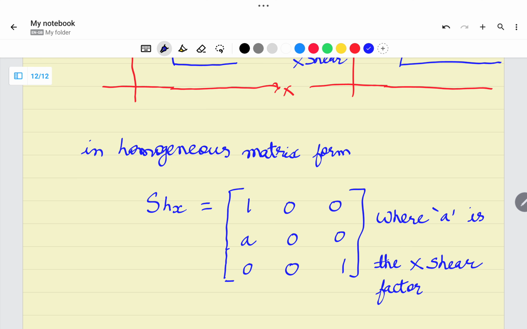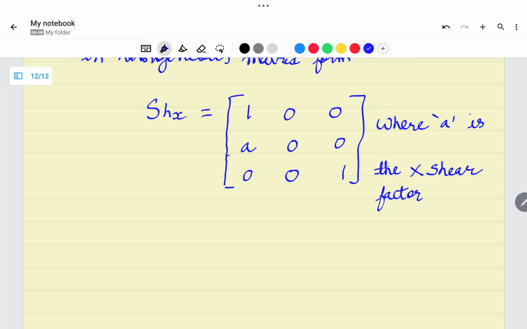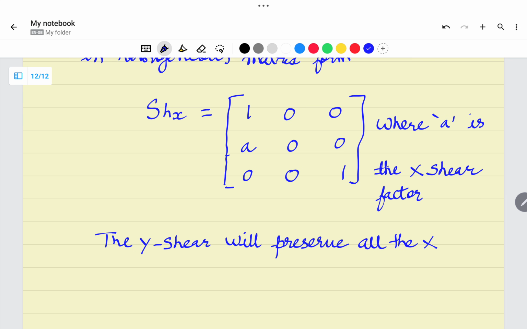In the same way, the Y shear will preserve all the X coordinates but shift the Y coordinate.